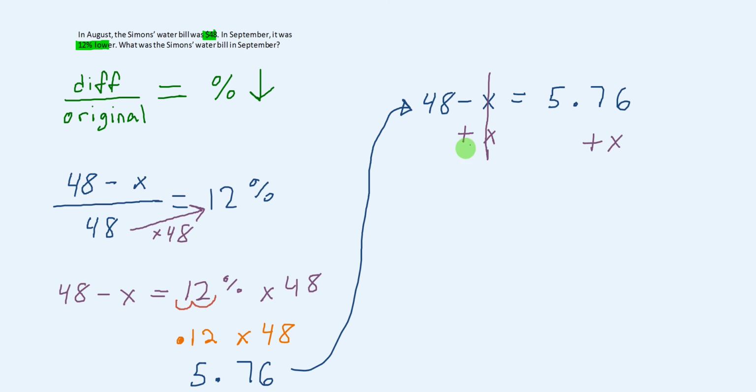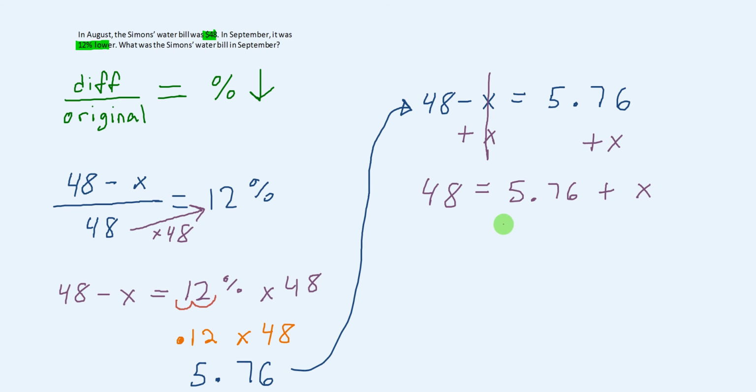X and X will cancel out, and I have 48 is equal to 5.76 plus X. We still have to isolate the variable.